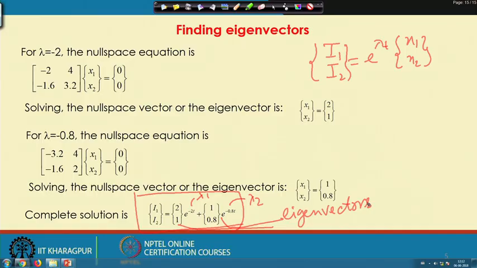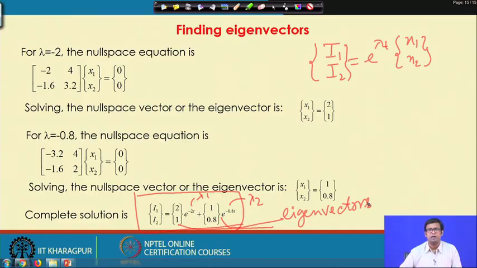Here we are putting 2 1 and 1 1.8, but we can multiply them by some constant. So, it can be C1 into 2 1 e to the power minus 2t plus C2 into 1 1.8 e to the power minus 0.8t. It is a linear combination of the eigenvectors, each one multiplied with the exponential of its eigenvalue.